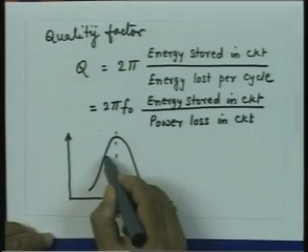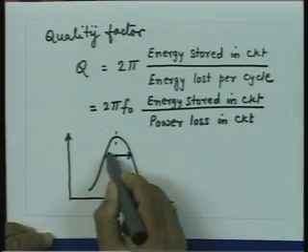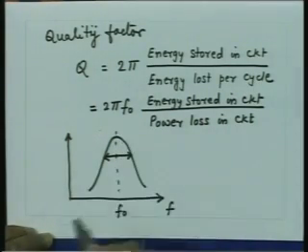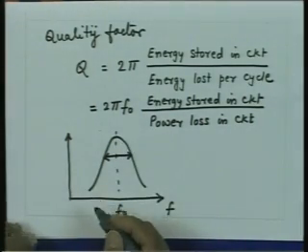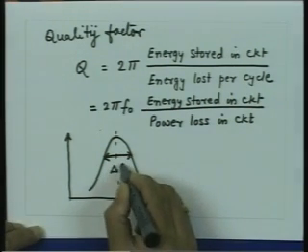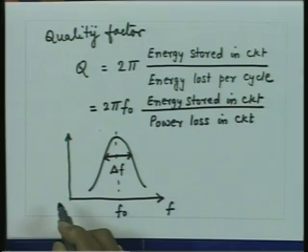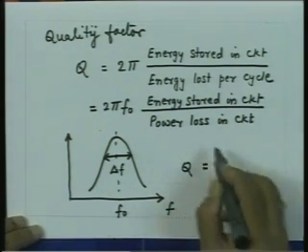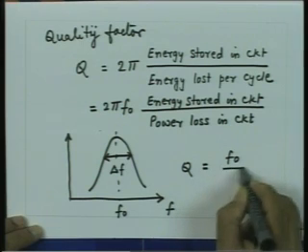So, I can measure the 3 dB frequency for this response, where the amplitude reduces to 1 over root 2 of its maximum value if I take the amplitude response. So, this is the delta f, which is the 3 dB bandwidth. Then the quality factor for the circuit is equal to f naught divided by delta f.